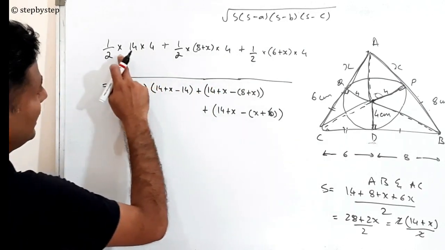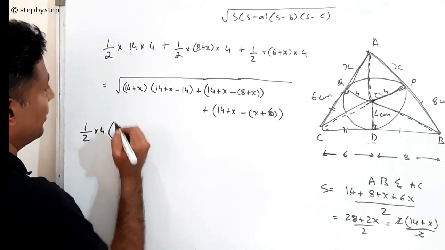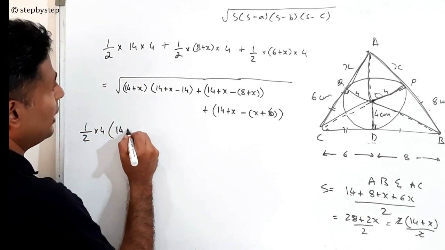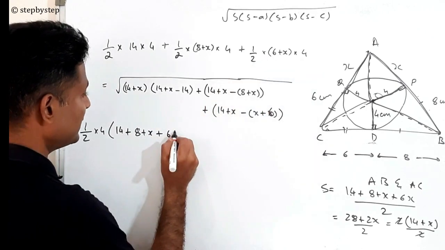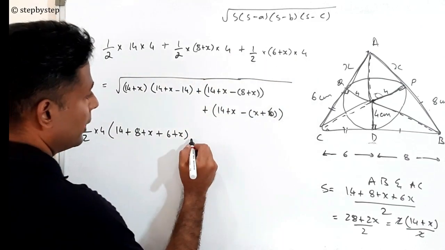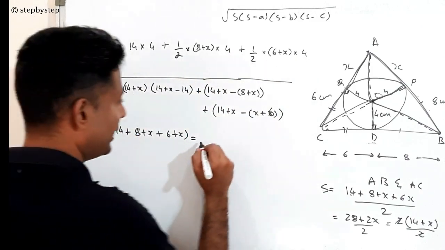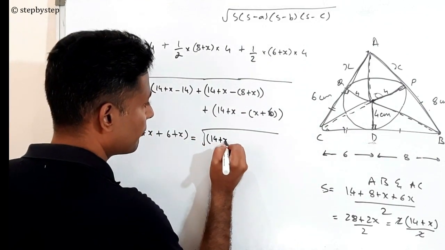Now I can take 1 by 2 and 4 common, so I get 1 by 2 into 4 common. Here what do I get? 14 plus 8 plus x plus 6 plus x, because I have taken 1 by 2 and 4 common. Equal to root of 14 plus x remains like that.